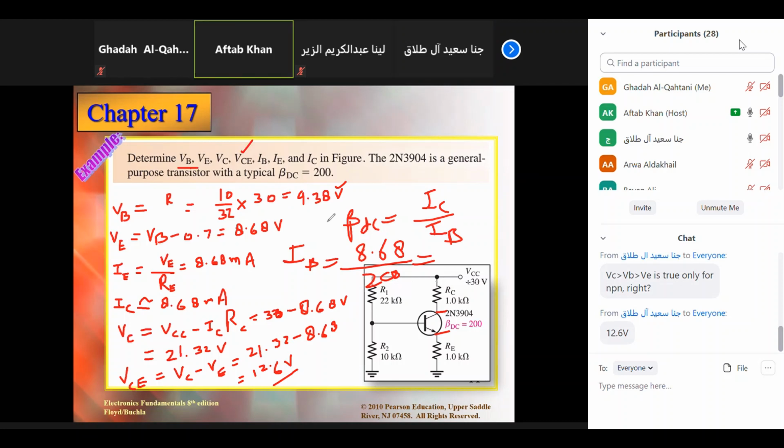How much? 43.4 micro ampere. And see the value, here we have milliampere. I think 43.4 micro. Already it's milli. 8.68 is milli.